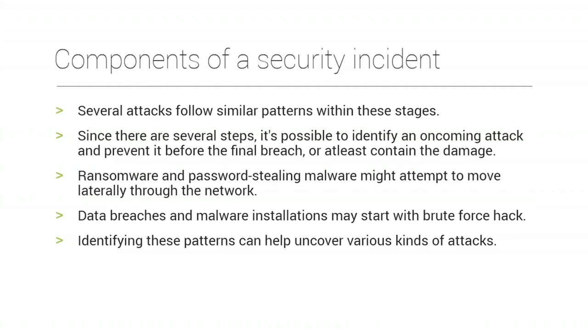But any malware could use this method. So, let's say a password stealing malware may operate in the same way. So, to you, at the end stage, it may seem like two different attacks because ransomware and password stealing attacks are two very different things, right? But in reality, both of them involve malware and both would move through your network in the same way.